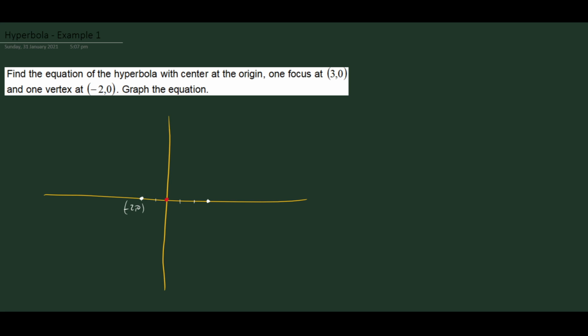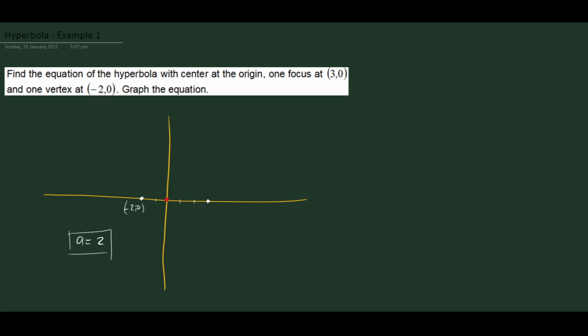So a is the distance from the center to a vertex, which is 2. It is the absolute value because we are talking about a scalar value, which is distance, so we don't need a sign here. We already have our a.